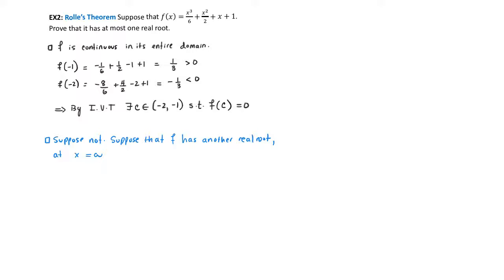So if the polynomial has a root at x equals a, that implies that f of a is equal to 0 as well. So all of a sudden, look at this. f of a is equal to 0 and f of c is equal to 0.